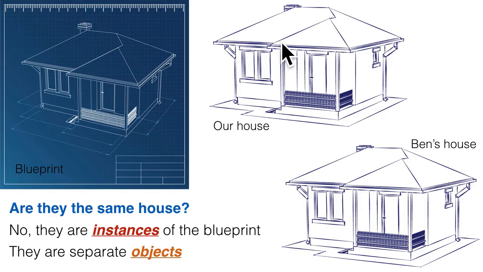So therefore, when you got your house built, if we look at that in software, we then created an instance of this blueprint, which is now your house. And we could address it as your house, right? Then it's different than this instance, even though they were built off of the same blueprint, the same class in software.